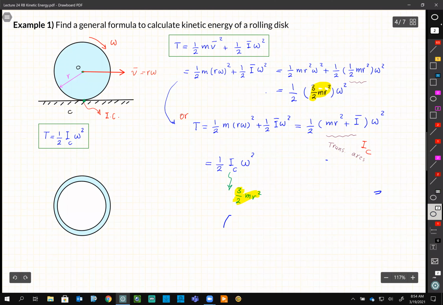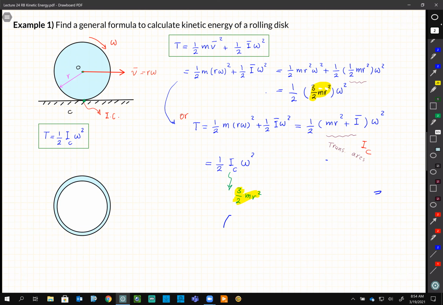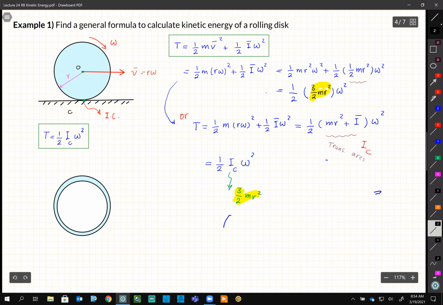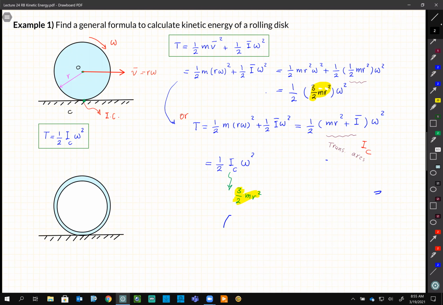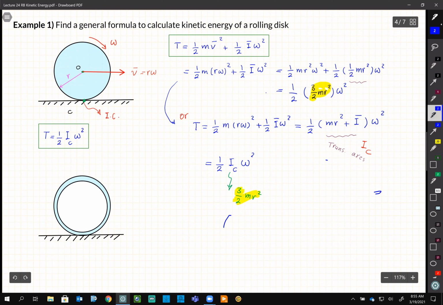And again, it is an important problem to know. So instead of a disk, now you have a ring, and the ring is rolling, and your task is to find a general formula for its energy. Okay, on Monday, first thing, I'm going to ask you what is the formula for this.